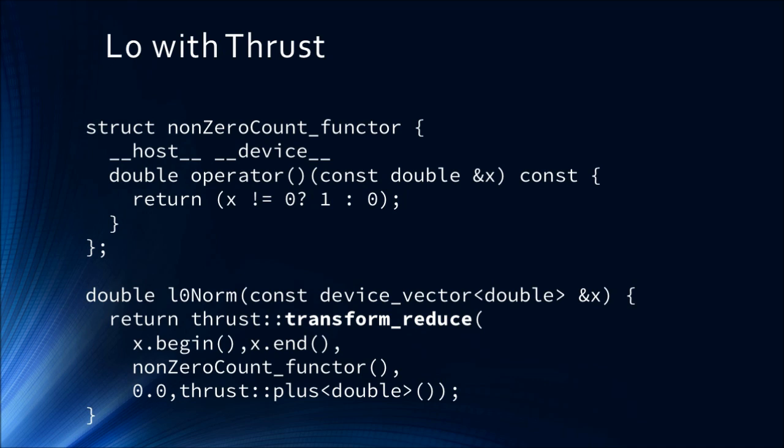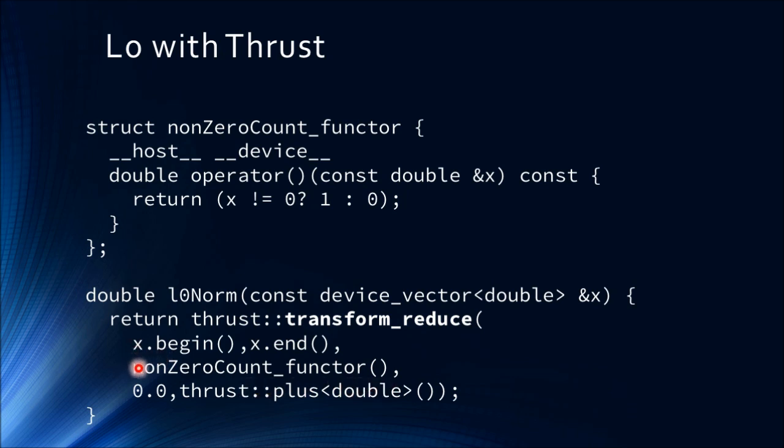So basically a structure that's got an operator, essentially just a parentheses operator, and you call their really snazzy little transform reduce, which will go through every item in this X array from begin to end, call this non-zero count functor transform, and add up all of it together. So you're telling it to add it together, that's a transform. You're telling it to reduce by plussing or adding.